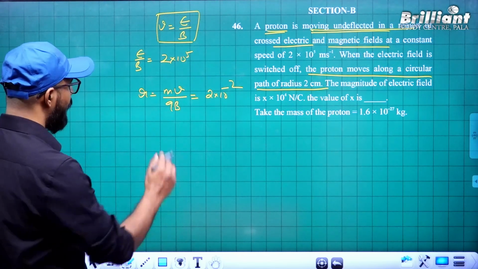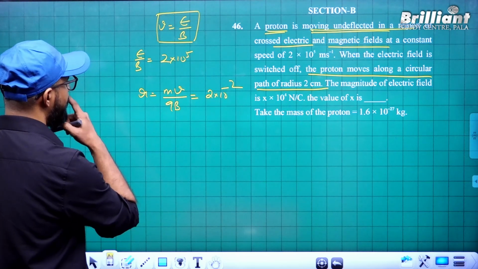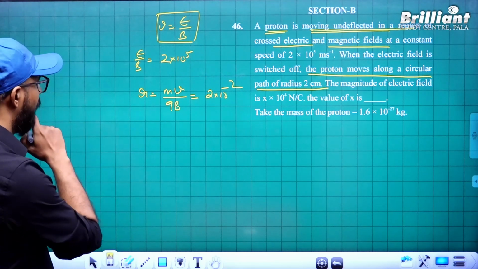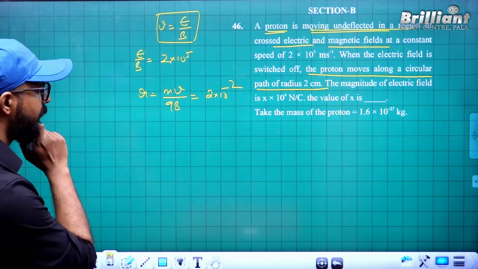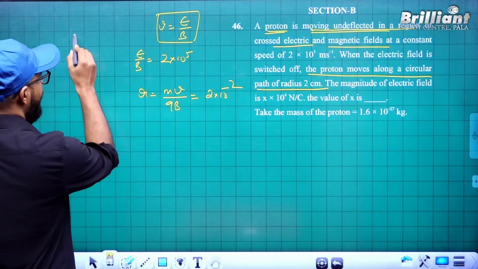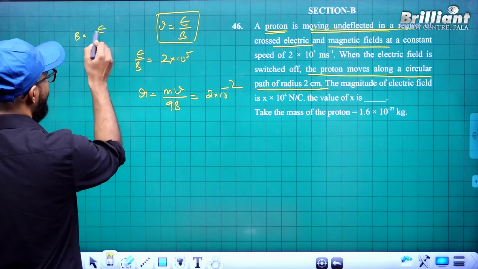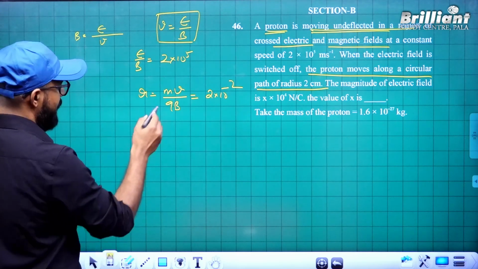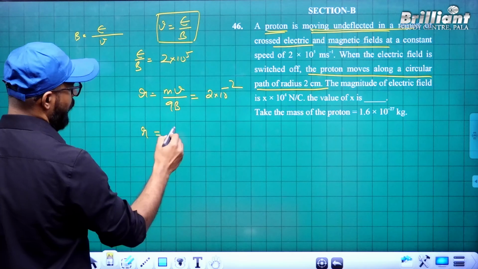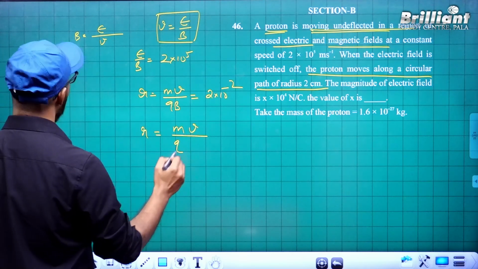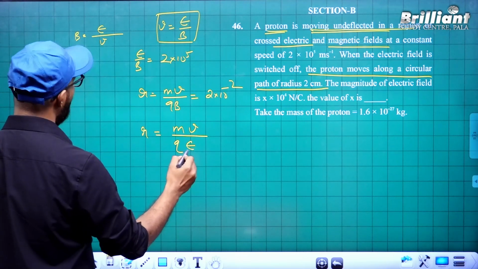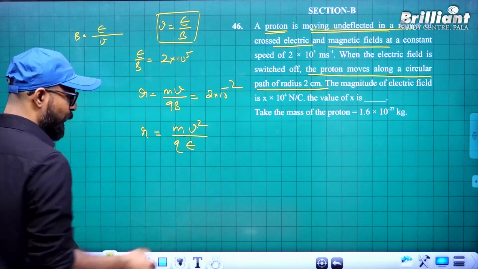All right. I think we can substitute, instead of the magnetic field, which they haven't given, B is equal to E by V. I can substitute it. R is equal to mV by Q into E divided by V. That will become V square here.